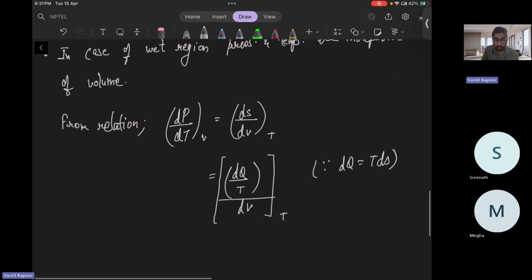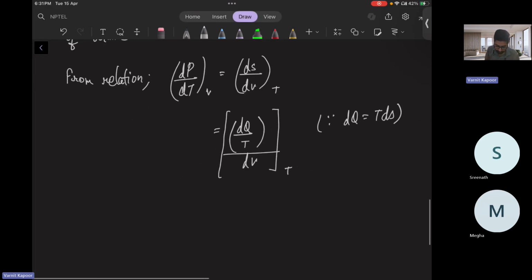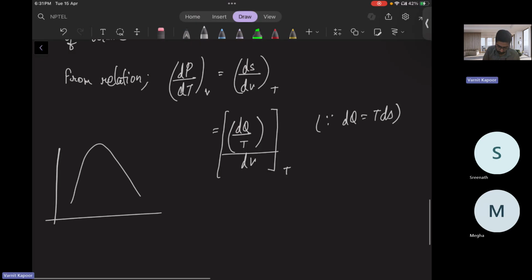And in the wet region, what is dQ? For constant pressure in the wet region, you know the T-s plot of a pure substance which we did. So pressure is constant, and we are talking about the wet region.